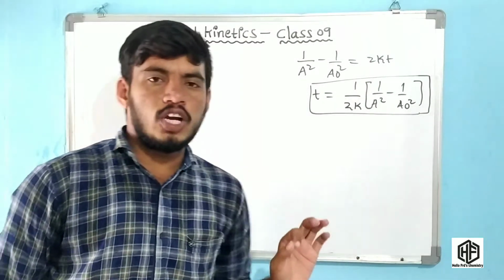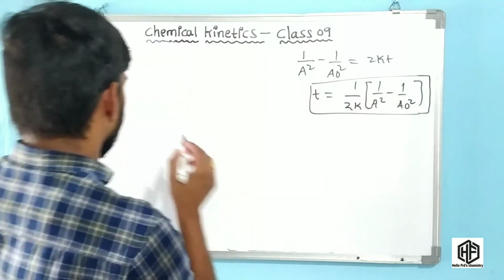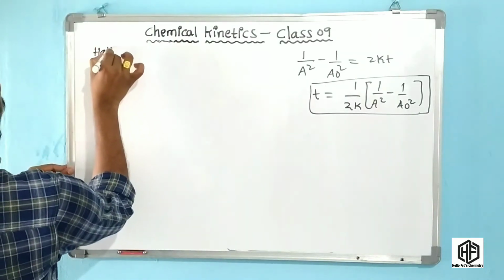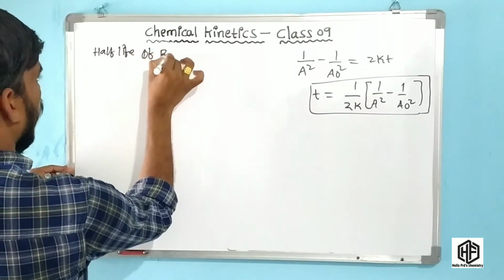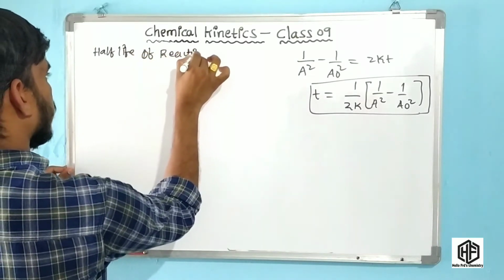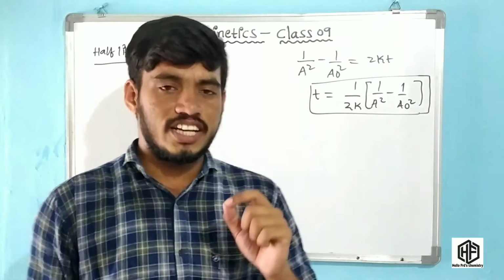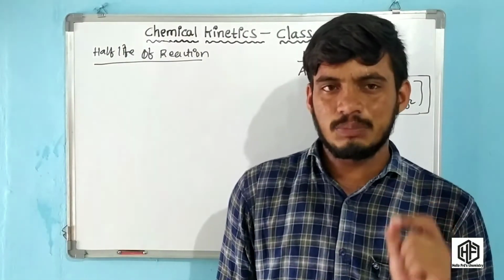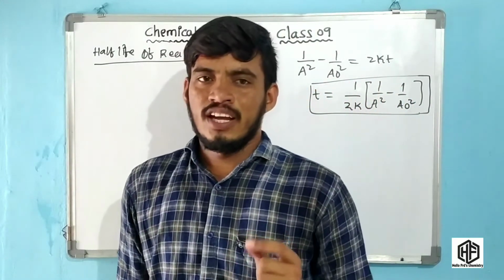Friends, next I am going to talk about the half-life of a third order reaction. Half-life means the time in which the reaction is 50% complete, that is, the initial concentration is reduced to half of the initial concentration.